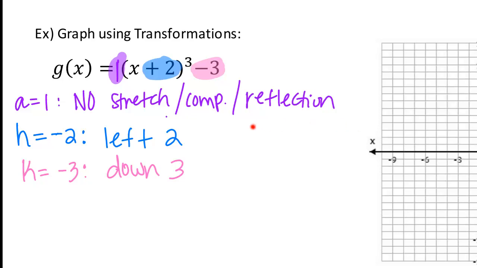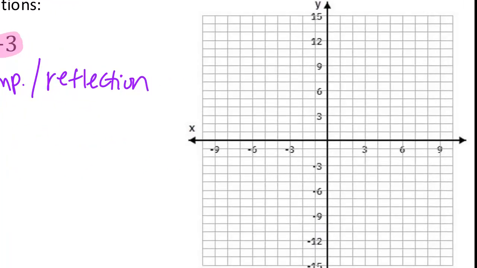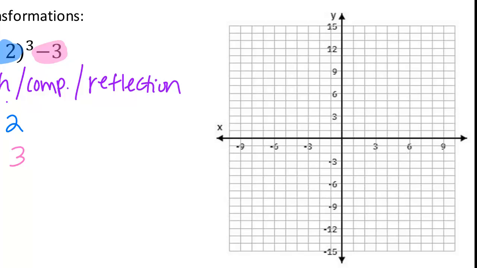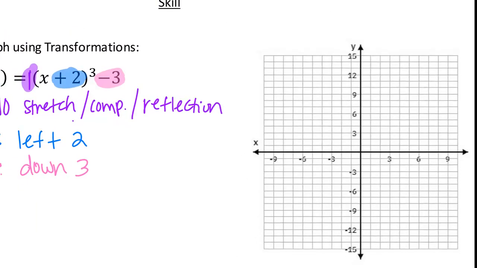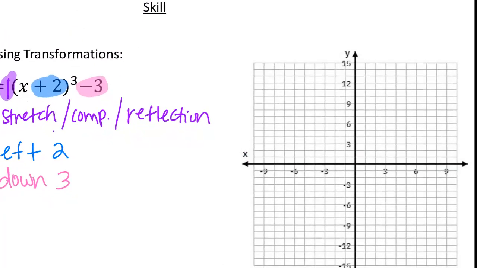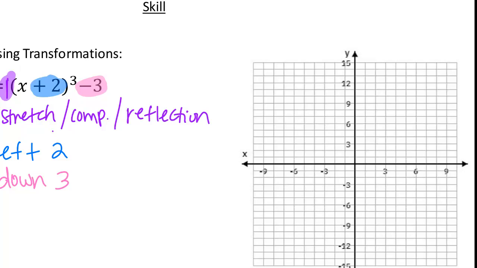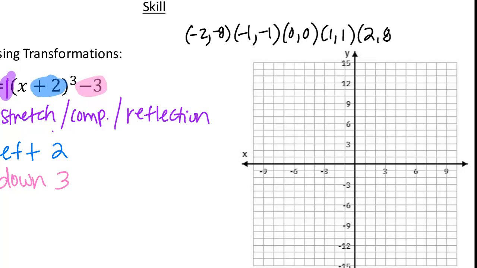So for today, we're graphing. Remember, you got to graph the original function. The 5 key points are always the same, okay? The 5 key points are always going to be (-2, -8), (-1, -1), (0, 0), (1, 1), and (2, 8).